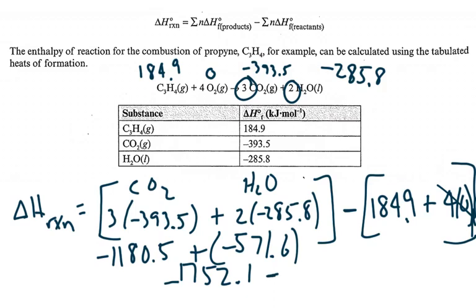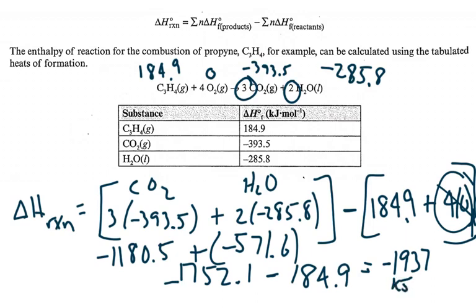Then it's going to be minus just 184.9 because this part over here is 0. So let's do that. Minus 184.9, and we get an answer of negative 1,937 kilojoules per mole. And that'll be the answer to the first problem.